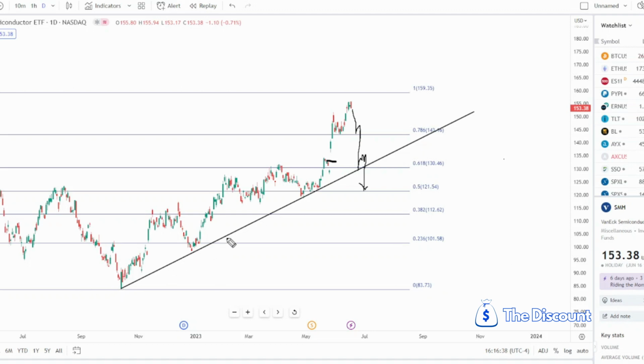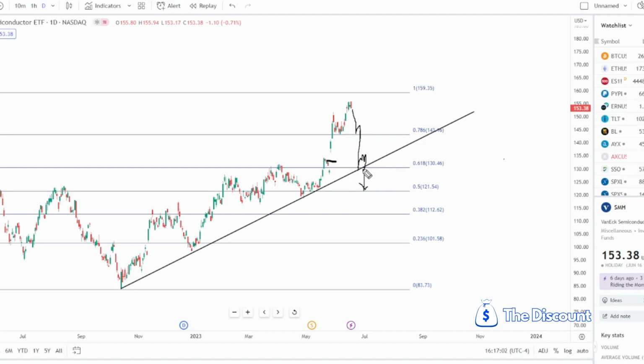Obviously, the most bullish scenario is to stay above these trend lines, stay above the 50 retrace, not get into the 382 and the 236. Could we see significant sell-offs into the 236 and some type of double bottom? Absolutely. We don't want to see it get that far. If this is going to continue as a bull trend, you just don't want to see it get that far.